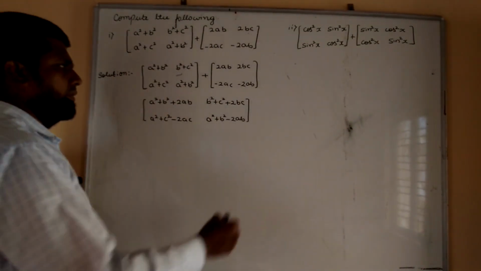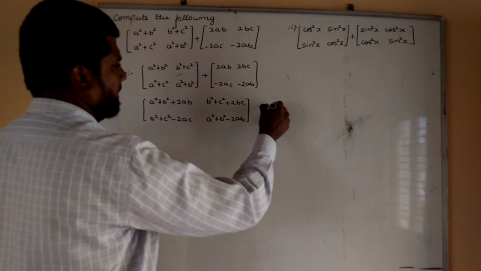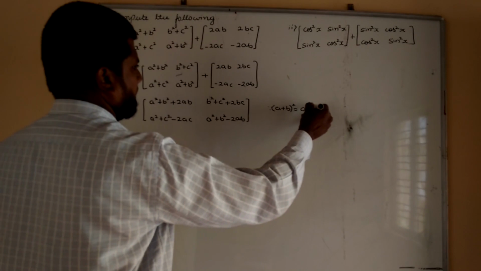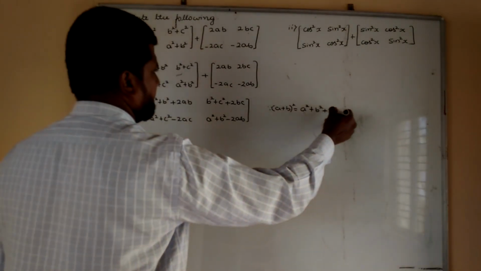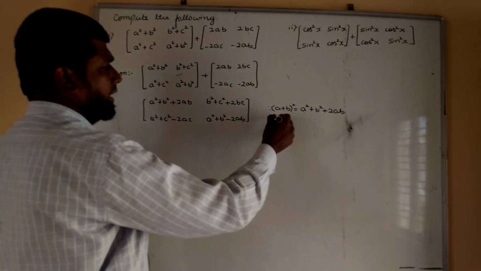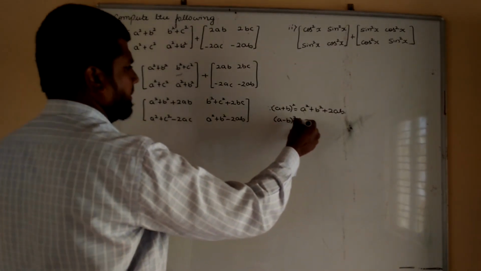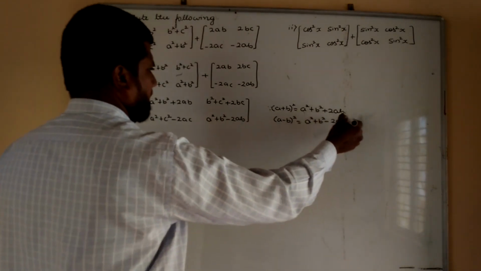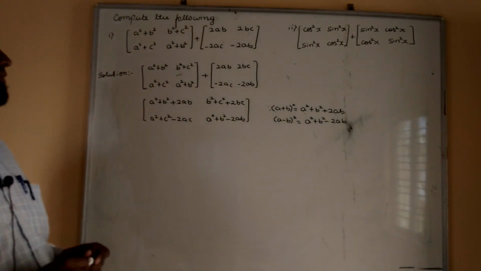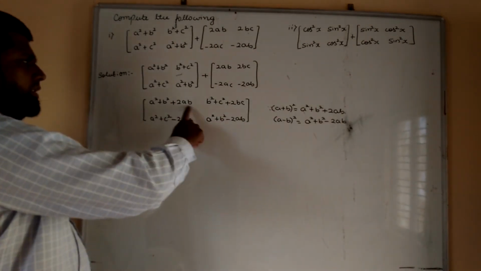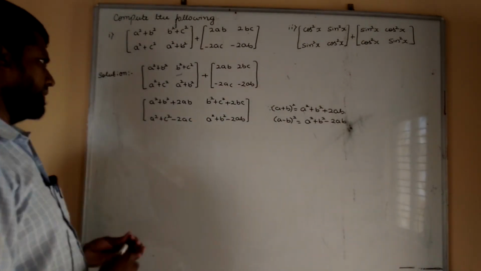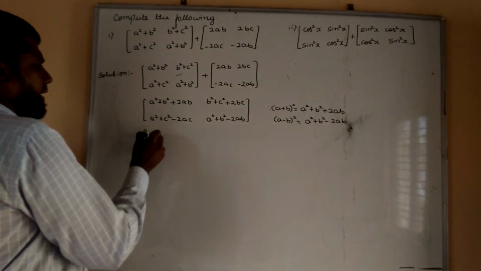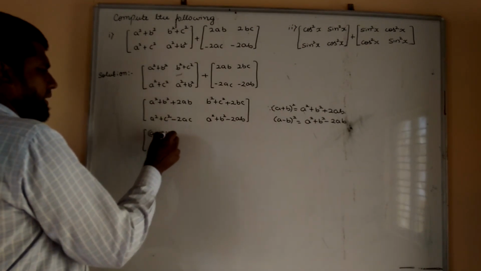So it is in the form of a plus b. You know the formula: a plus b whole square is a square plus b square plus 2ab. This is the formula. You know the a minus b whole square formula too. A minus b whole square means a square plus b square minus 2ab. So a square plus b square plus 2ab can be written as a plus b whole square.